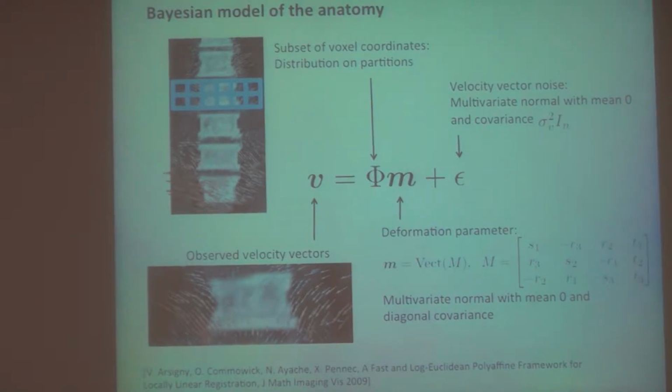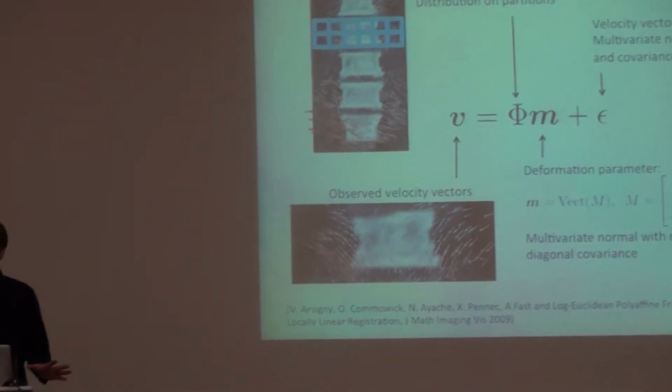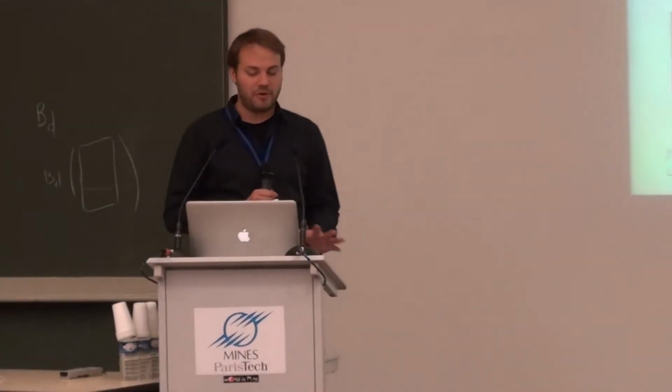So this is our Bayesian model, and the idea is to estimate the posterior joint probability of the coordinates and the deformation parameters. And in this particular case, we are more interested in the partitions, so we integrate out the deformation parameters. And we're looking for the posterior distribution of partitionings of an image, incorporating some uncertainty in that process and reflecting that in the posterior distribution.